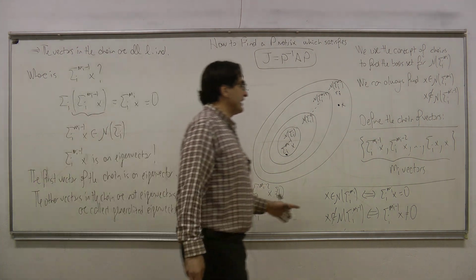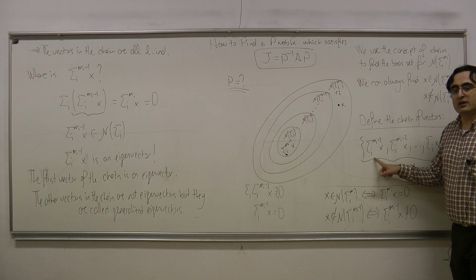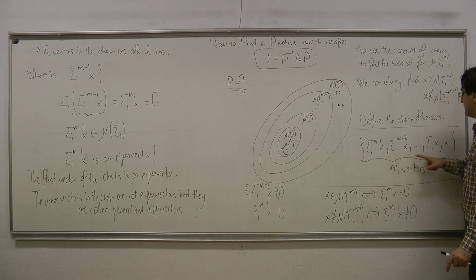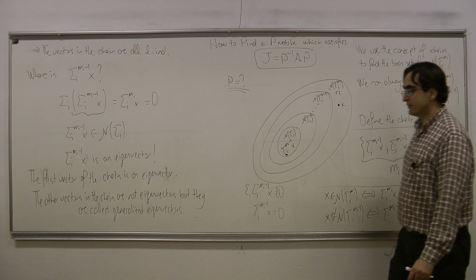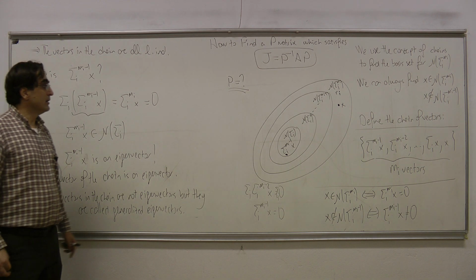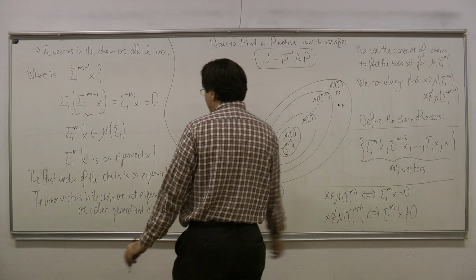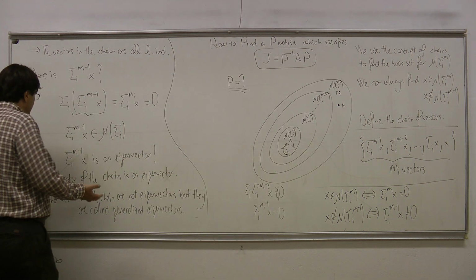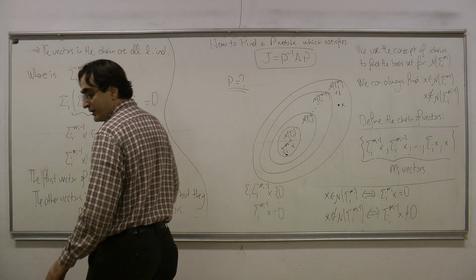So each chain, when we calculate such a chain, its first element is an eigenvector, and I have mi minus 1 other elements here, and each of them is a generalized eigenvector. Okay? They are called generalized eigenvectors. And I still didn't answer the question of why the other vectors are not eigenvectors.